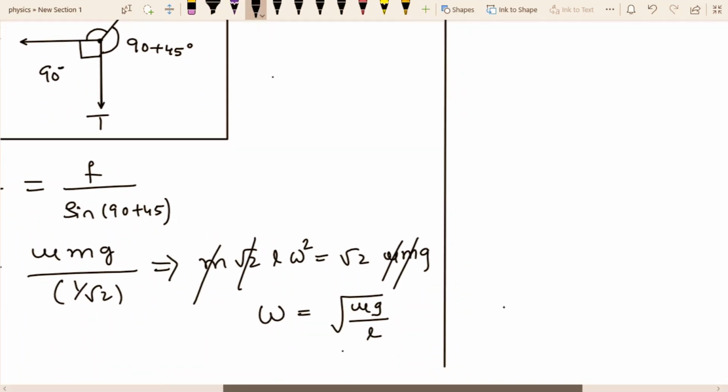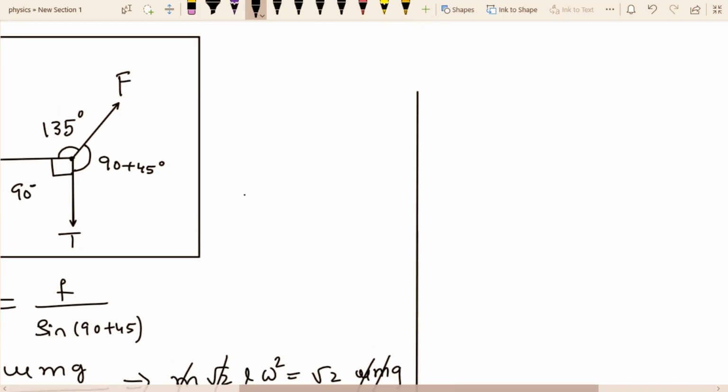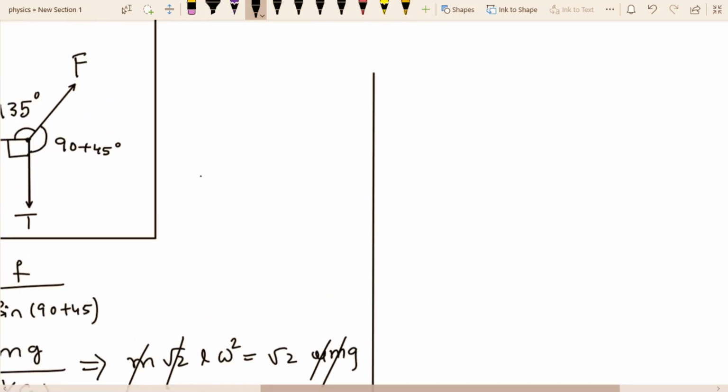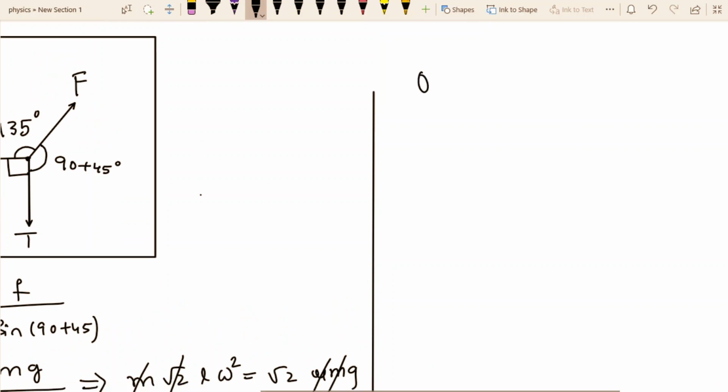Until this angular speed, the disk A will be at rest, and the angle between A and B is pi by 4. Okay, so let us say theta is the angle between AP and BP.